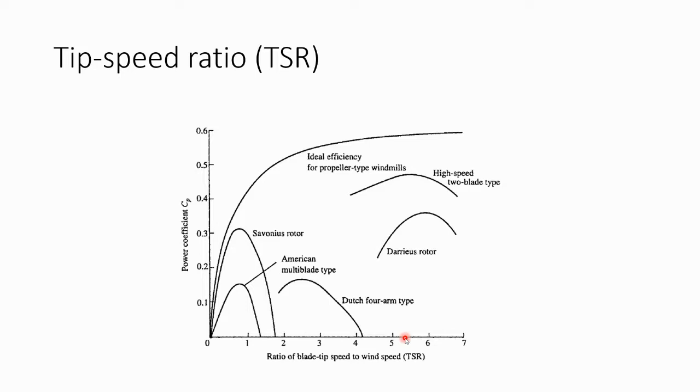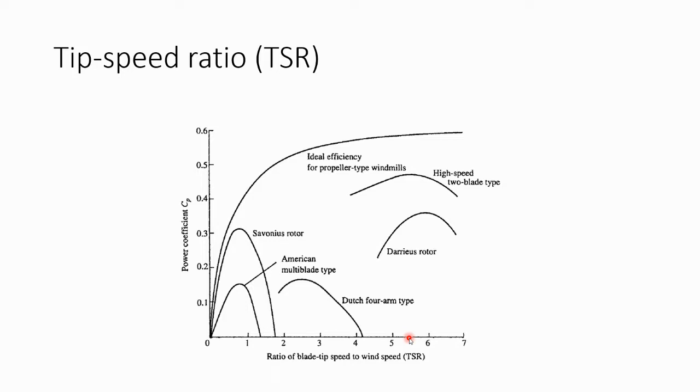So meaning that you have to adjust your rotational speed, remember, because TSR equals to R omega over V, you have to adjust your rotational speed, the omega, in order to get a TSR of 5.5. All right.